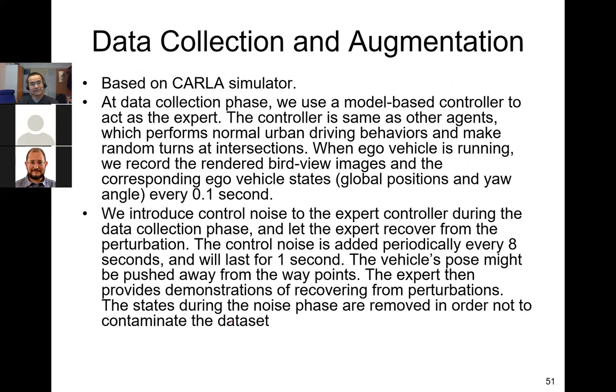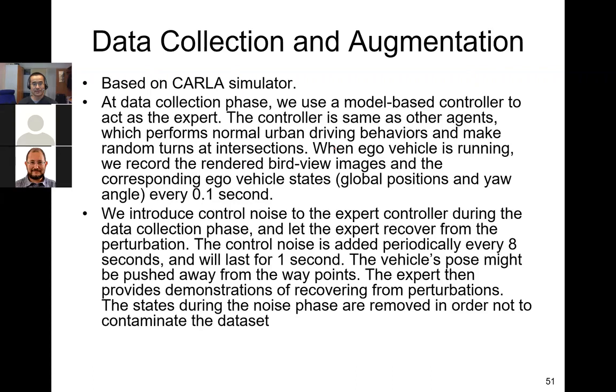So they are a university group. They're not Google, Waymo. So they don't have expert drivers to work for them. So what they did is to use a model-based controller to act as the expert in the Carla simulator. Carla is a well-known driving simulator. So the controller performs normal urban driving behaviors and makes random turns at intersections.